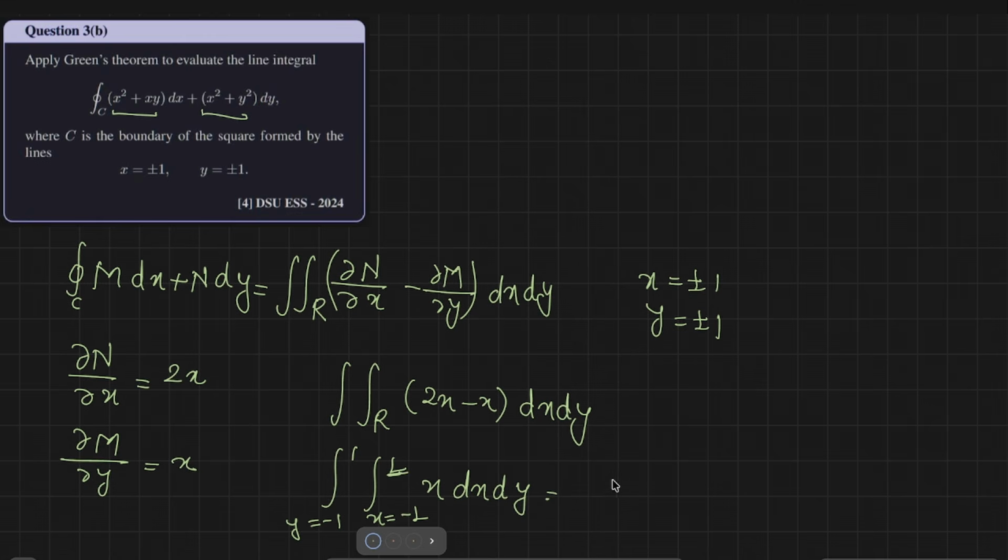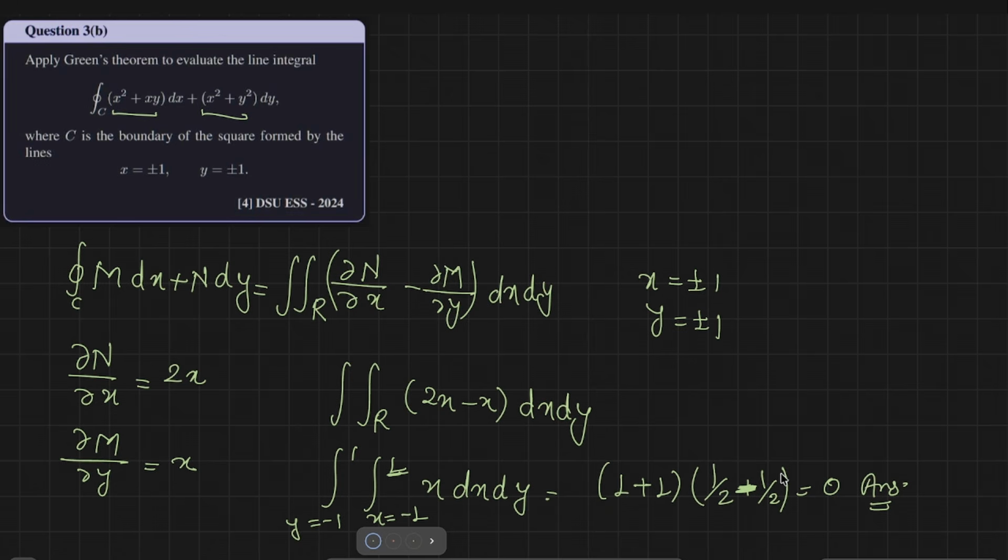It is a rectangular region. So the integral of x is x square by 2, so 1 by 2 minus 1 by 2, and the answer will be 0. This is how you can easily solve this.